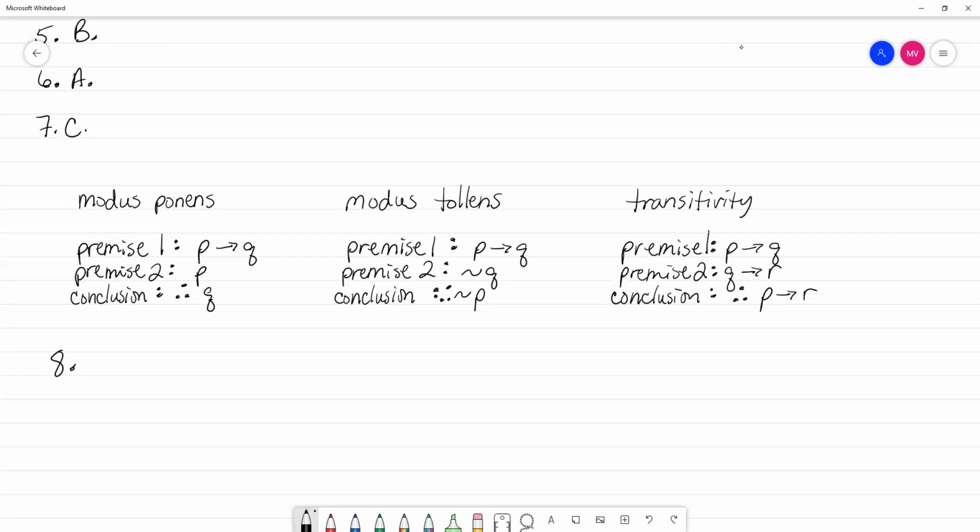We negated the second part, which is Q. So premise 1 is if P then Q. The second premise we have is negative Q. Therefore, the team did not play well. So what is this an example of? Modus tollens.